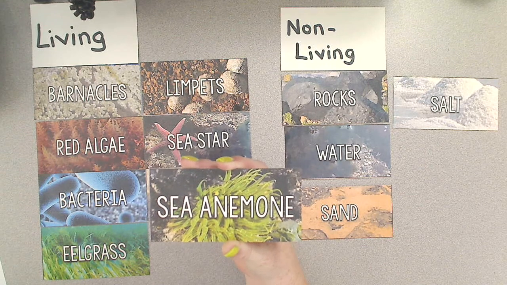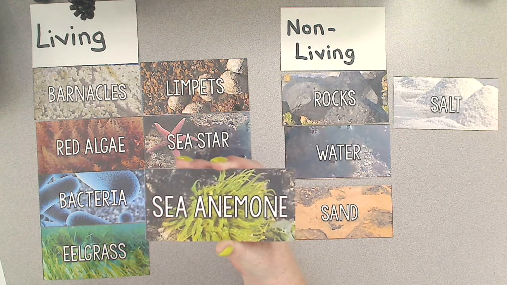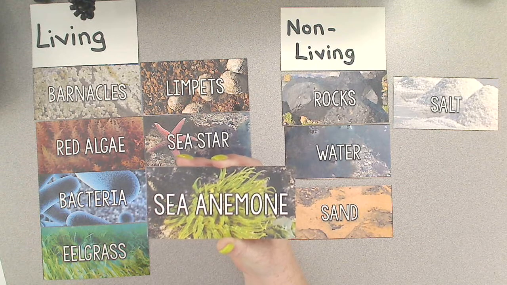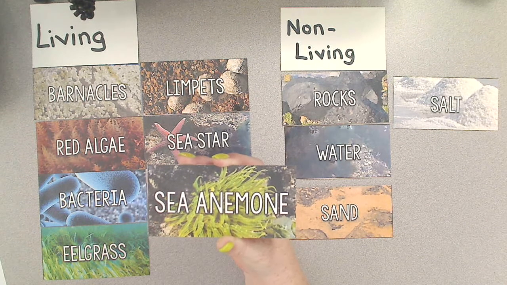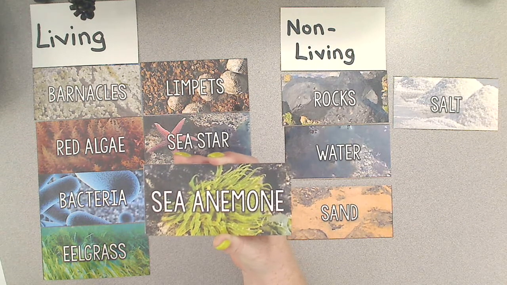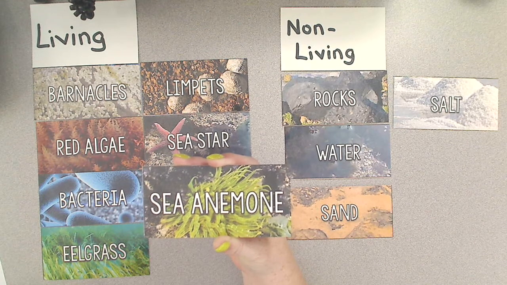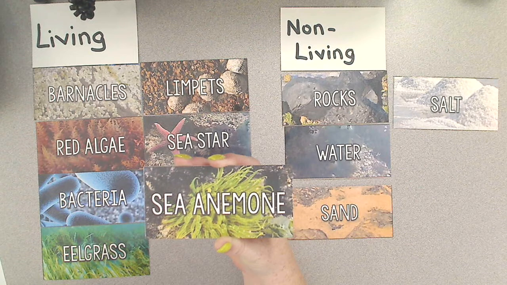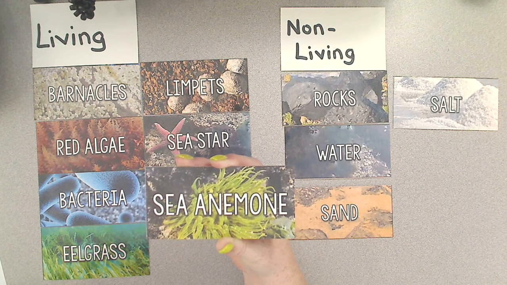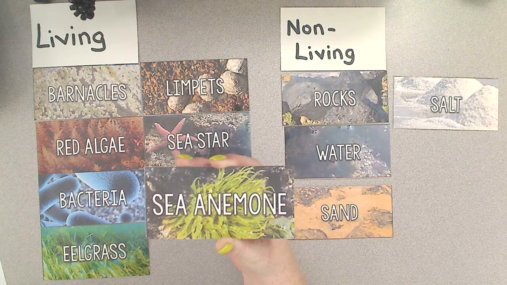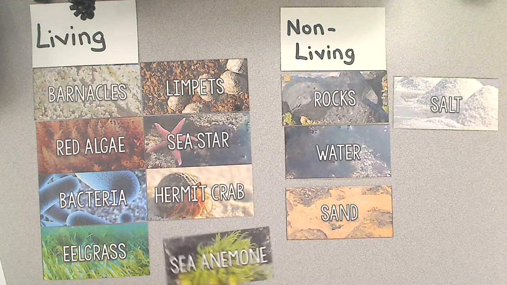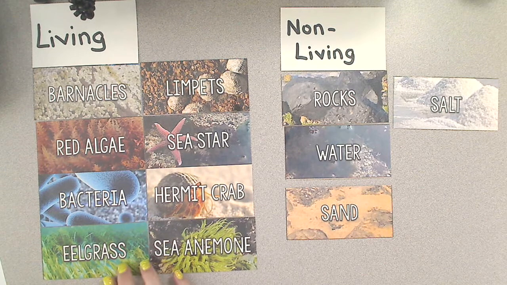It doesn't bother them. They're a little bit immune. So clownfish can live in them and create that symbiotic relationship. Sea anemones are alive. They do make their own food. They grow, they adapt and evolve, they reproduce, they respond to environmental stimulus. So they are alive.